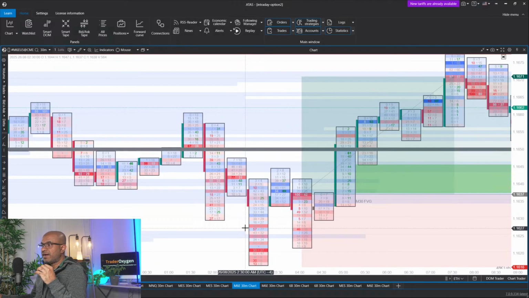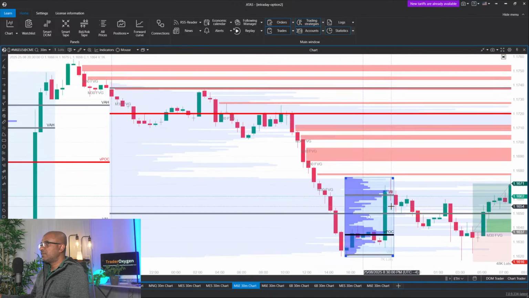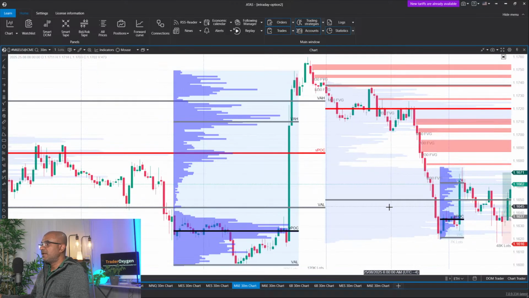So what has happened is the aggressive sellers tried to push the price down. However, there has been a wall of passive buyers sitting here. Why that happens is, if I zoom down again, look at this high volume cluster over here.